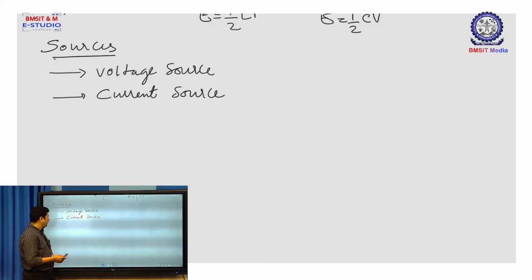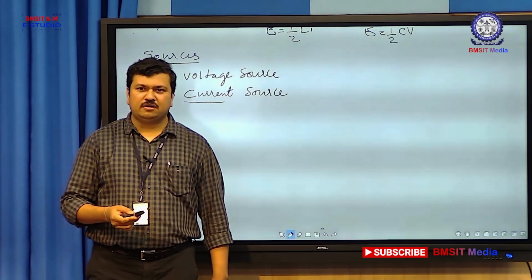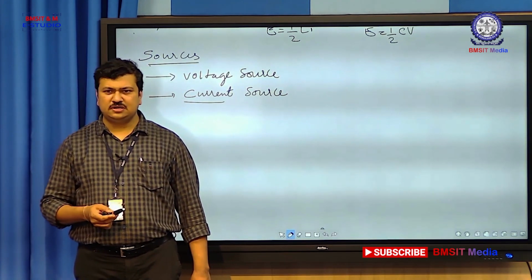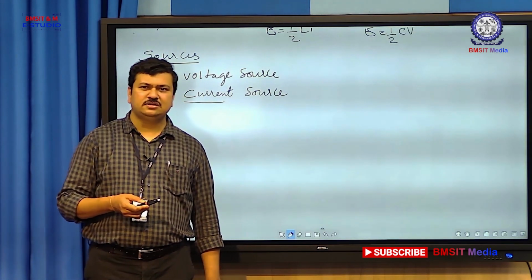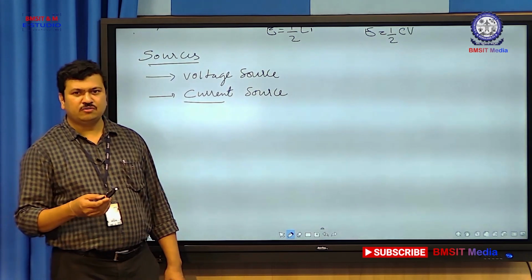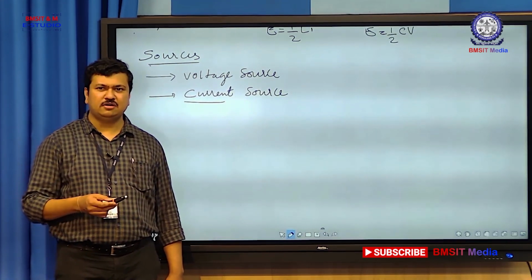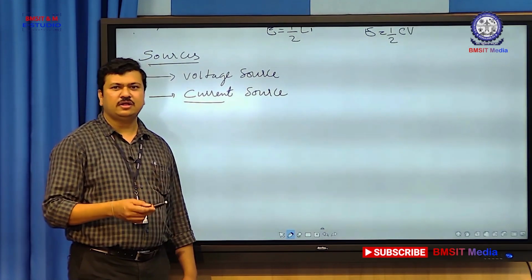And the other kind of source is a current source, but we might not have come across this so far, because it is difficult to realize a separate current source which is giving out only the current without the voltage. It is not that a current source gives only current without any voltage.